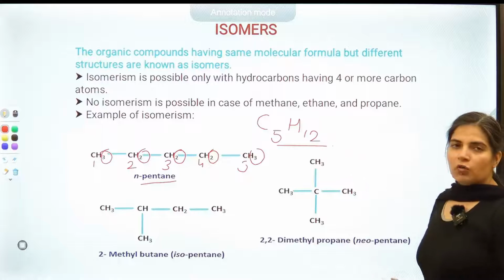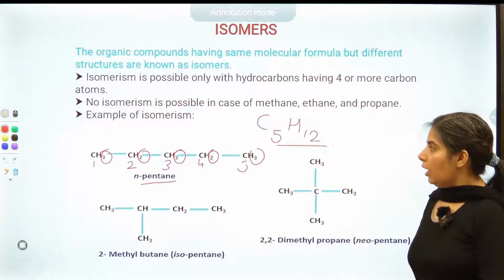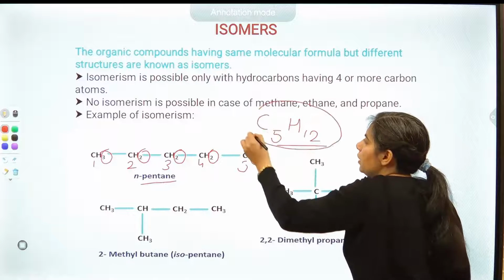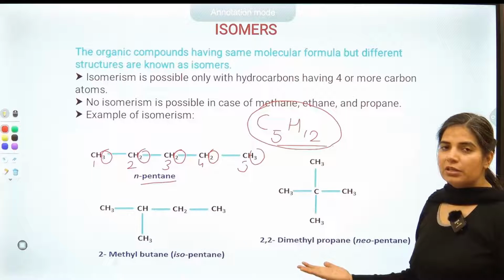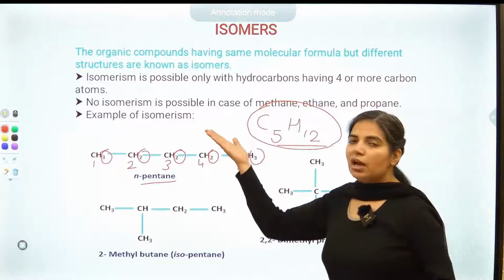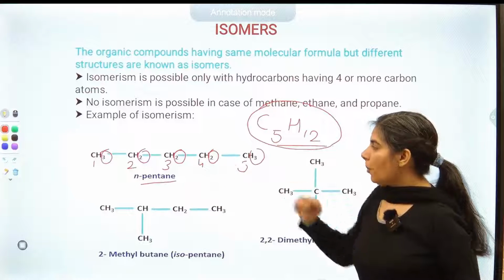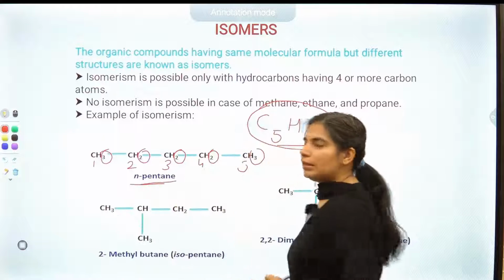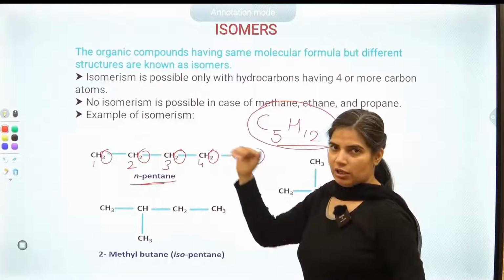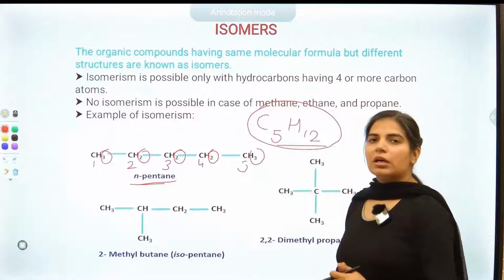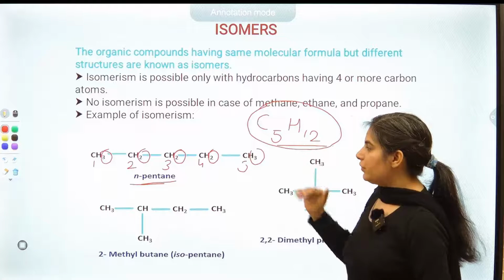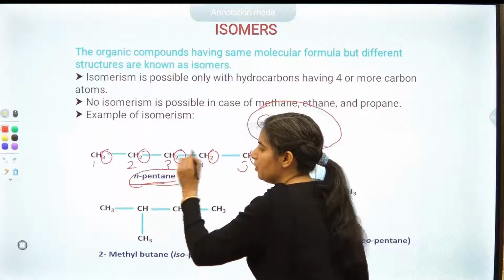This is the formula of our compound pentane, and the formula will remain for every molecule. What is the difference? The difference is in the arrangement. If I talk about this case, in this we are having straight chain, and each carbon is having single bond. So for straight chain we will say N-pentane.